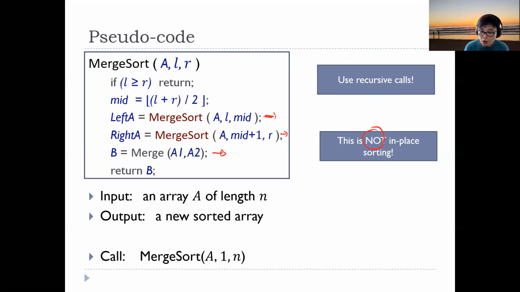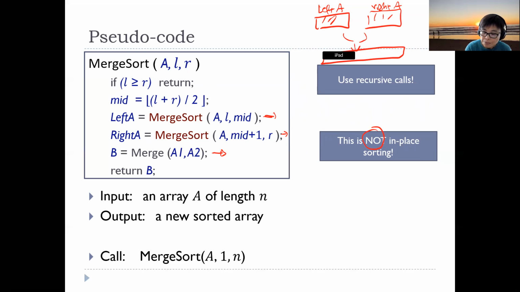So basically, you start with two subarrays that are already sorted, the left A and the right A, and then you merge them into a single one, B. To do this, we open a new array. We're not using the previous subarray space, so it's not in place anymore. We have to allocate a new array for that.